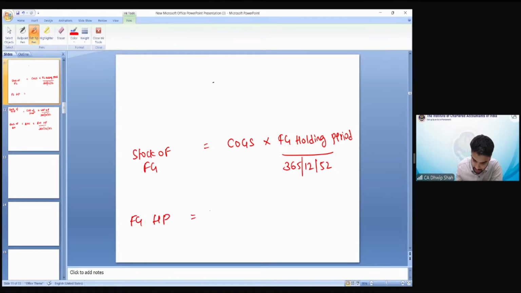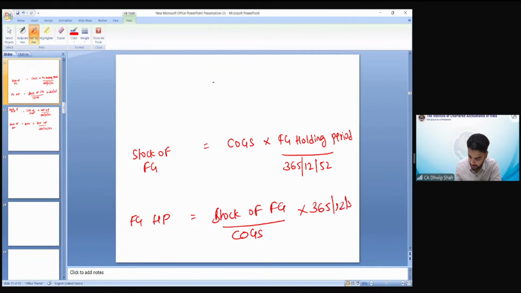FG holding period was nothing but stock of FG divided by COGS into 365, 12, 52. That was the formula. I had written it upside down. The actual formula to calculate FG holding period was stock of FG divided by COGS into 365, 12, 52.